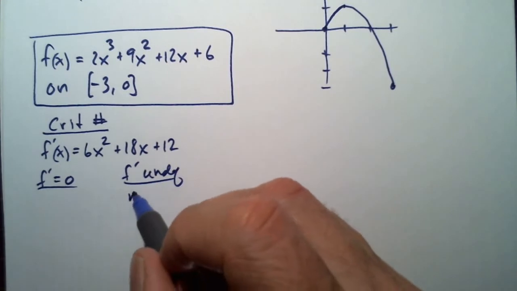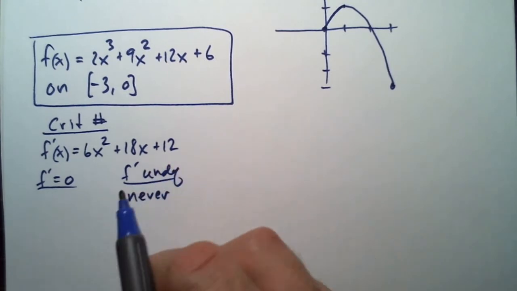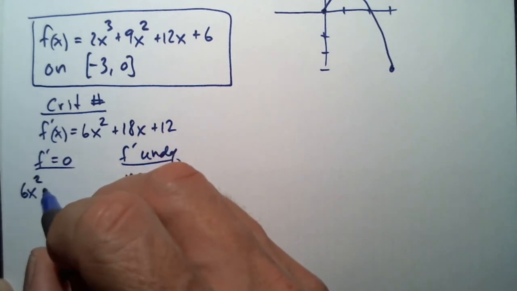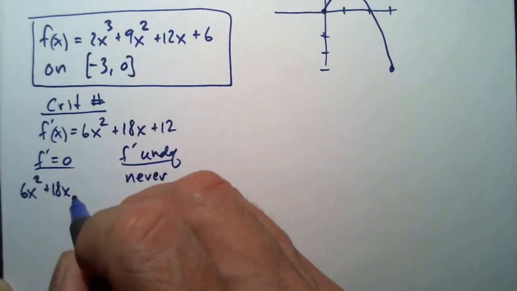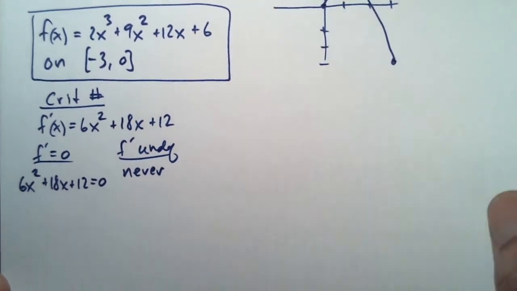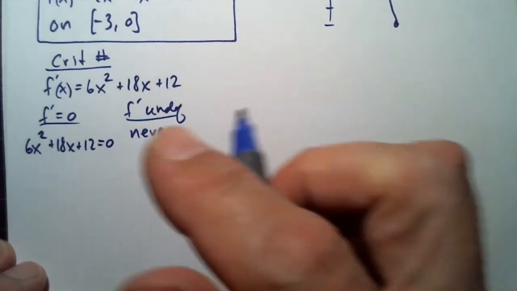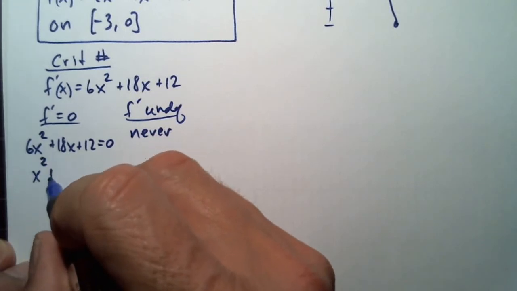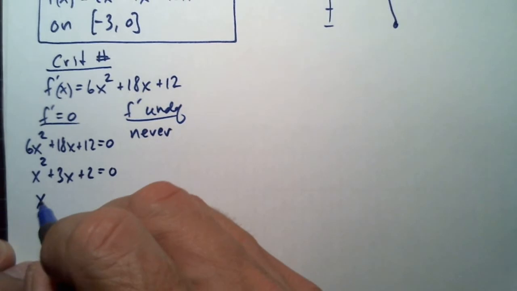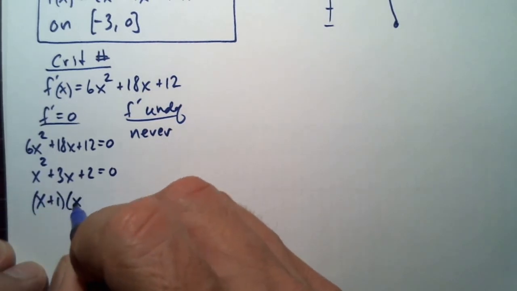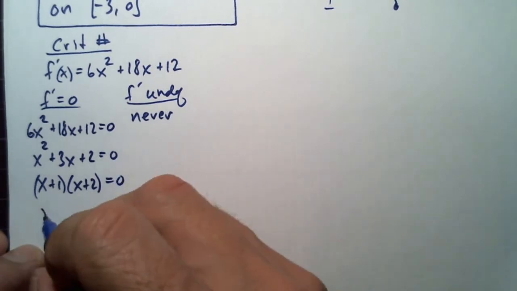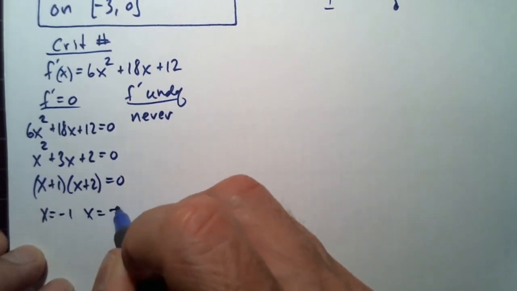It's a polynomial, so it's never undefined. And we could divide both sides by 6. And this is factorable. So we get negative 1 and negative 2.